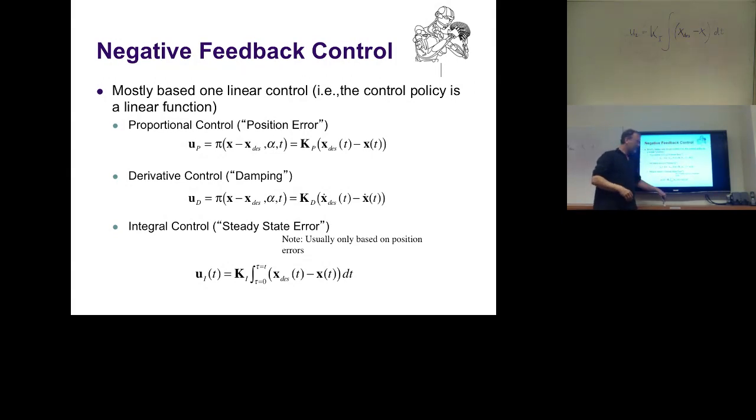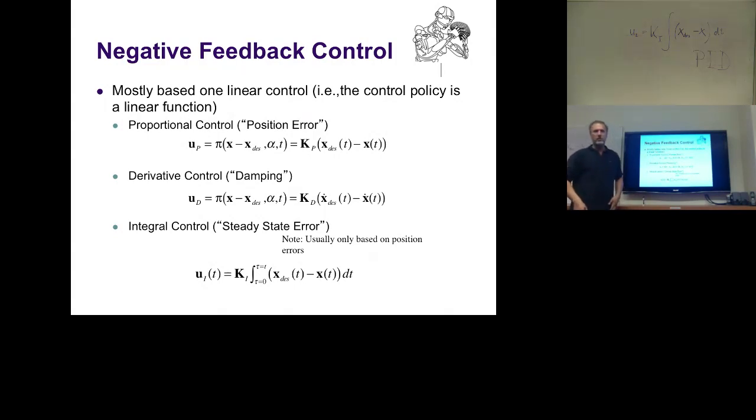But these are the most important 3 linear control kinds, which we have in pretty much every controller at some point: P, I, D control. Proportional, integral, derivative control. Not every time you have all of them. Sometimes you have only P, sometimes only I, sometimes only D, sometimes arbitrary combinations, but usually one of them is available.